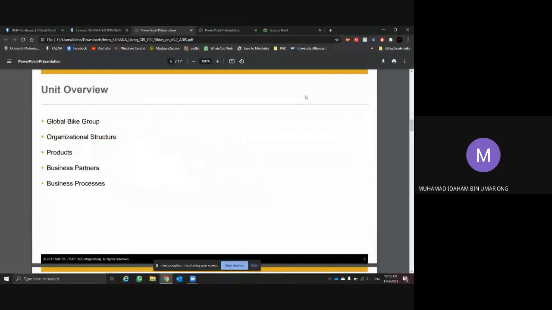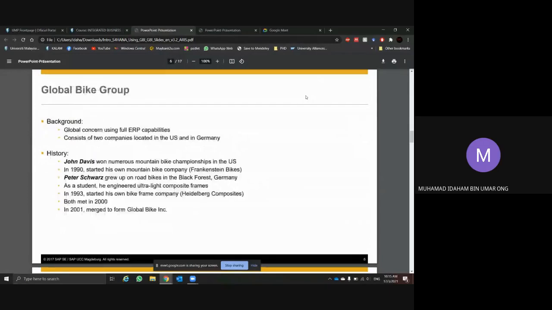Okay, so let us have a look at the group itself, some background. The group itself, GBI, is concerned with fulfilling its ERP capabilities. So in terms of making sure that their daily tasks are being executed properly without any hiccups, they employ the help of an ERP system.